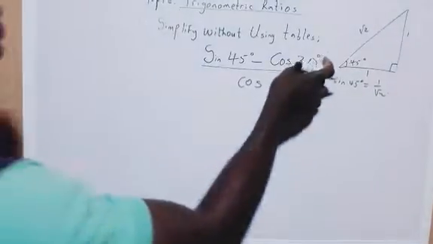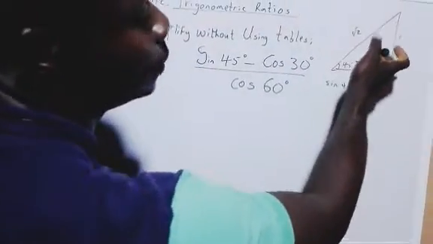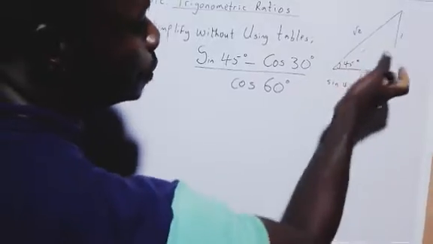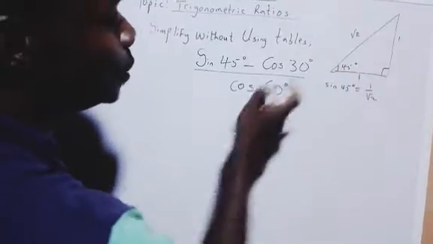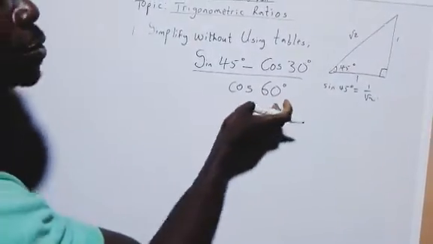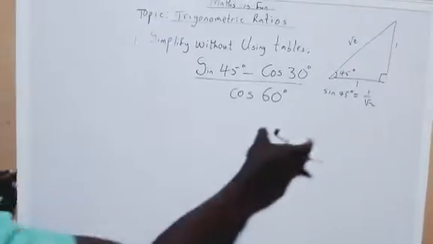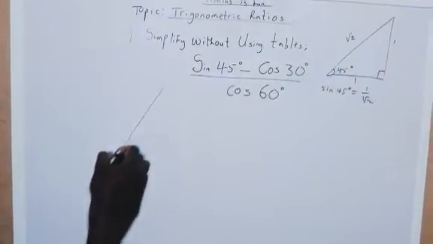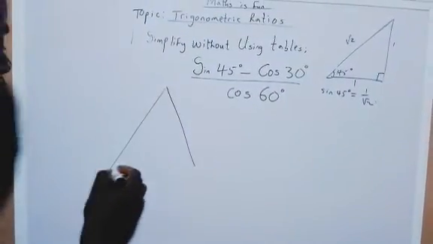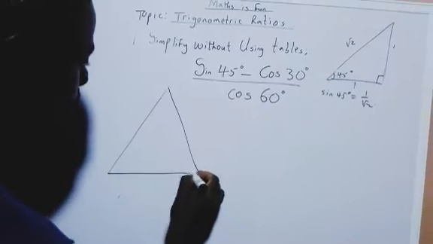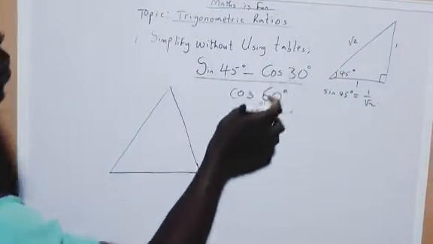Now, cos 30 degrees, as you can see, there is no cos 30 degrees here. And we still have cos 60 degrees as well. So in this case, we have to move to an equilateral triangle to help us look for these two angles.